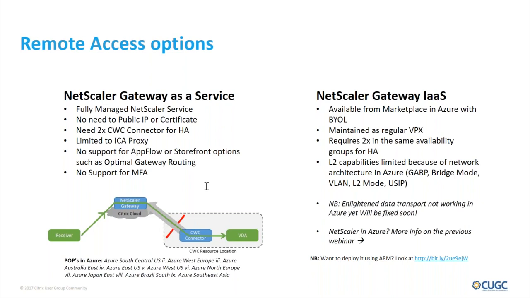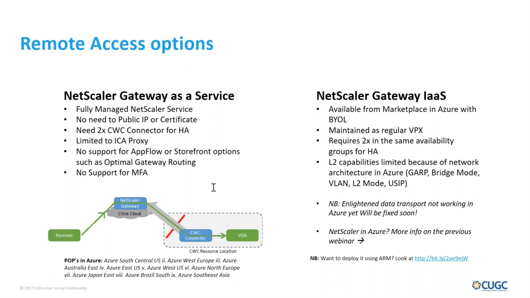It's limited to ICA and HDX proxy only. There are no storefront options that you can define around it. So, for example, AppFlow or optimal gateway routing won't be available if you're using the gateway as a service. There's also no MFA support, which is a reasonably hot topic at the moment.